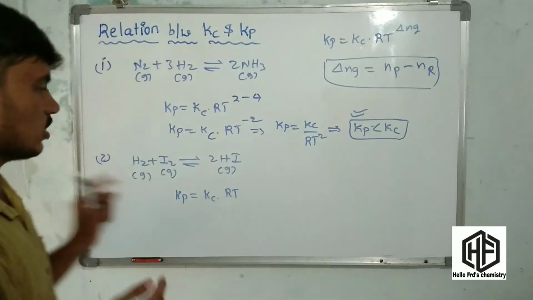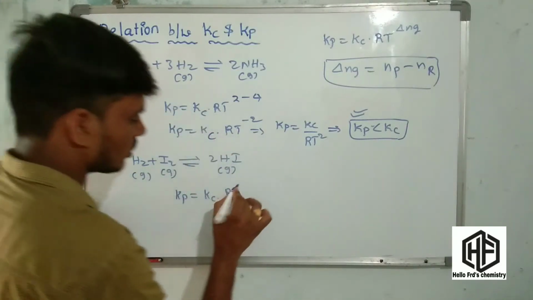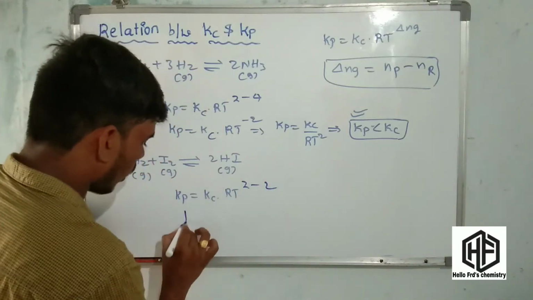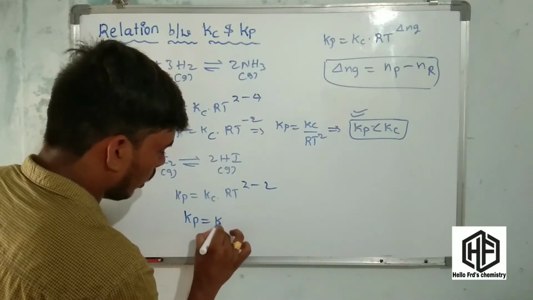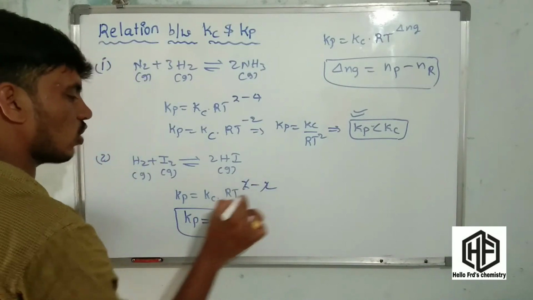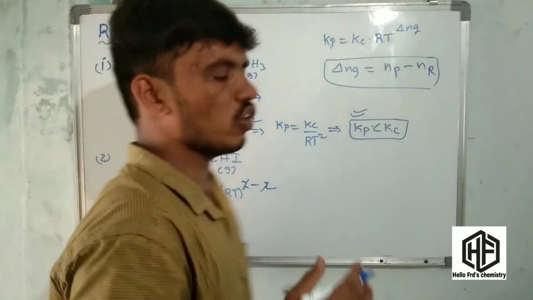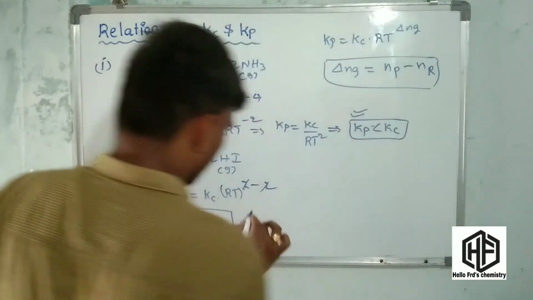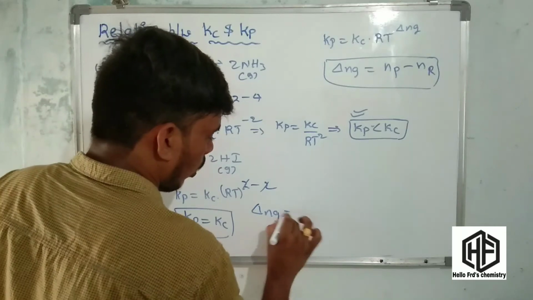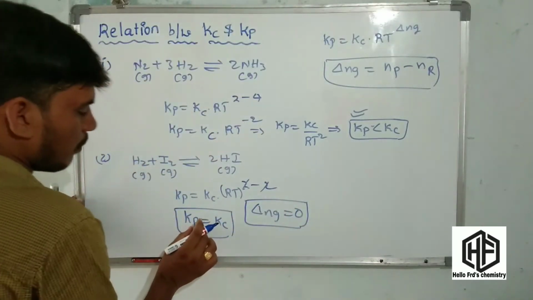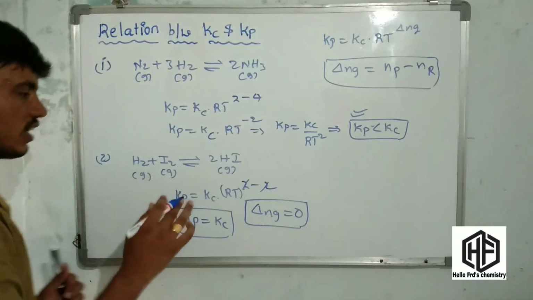In this example, gaseous molecules of products is 2 and of reactants is 2. RT power of 2 minus 2 is RT power of 0, which is 1, and 1 into Kc is Kc. In this case, the delta Ng value is 0, so Kp equals Kc.